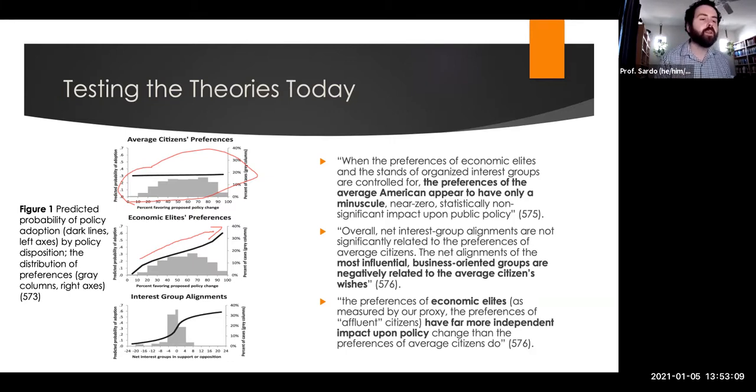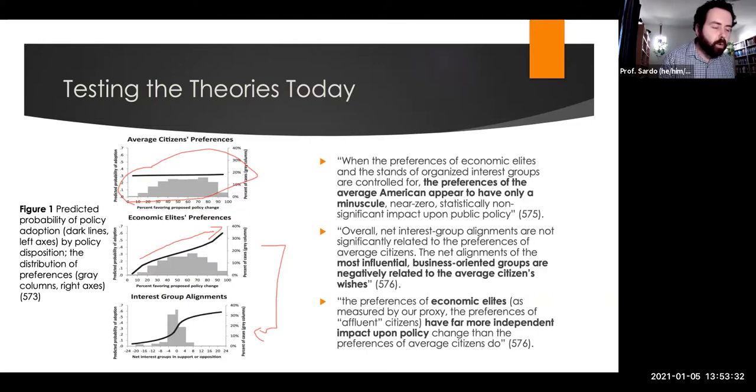So the net alignment of the most influential business-oriented groups is negatively related to the average citizen's wishes. And that's with reference to interest groups. The interest groups actually don't track what average people want, like pluralist theory would suggest. The interest groups actually favor the interests of the economic elite.